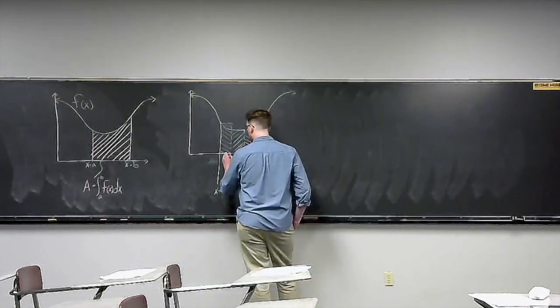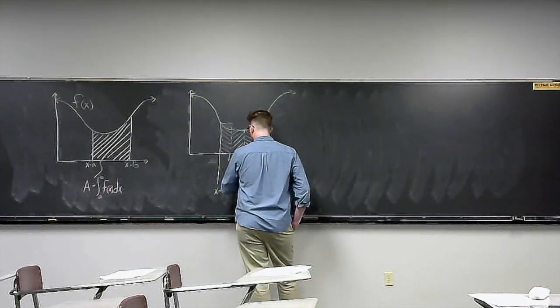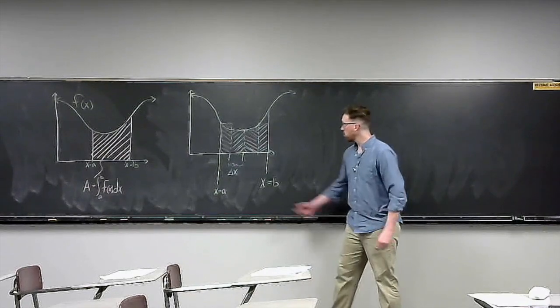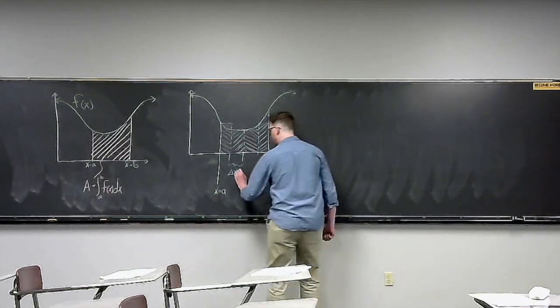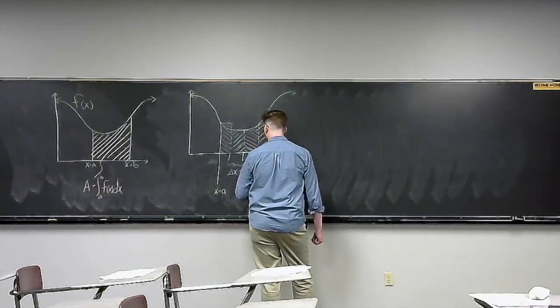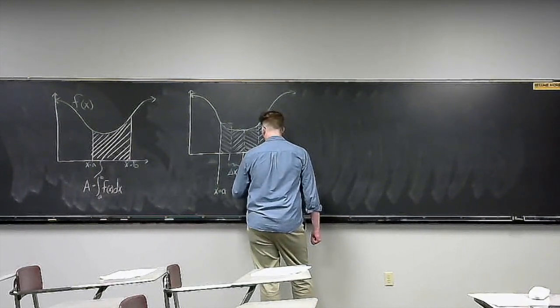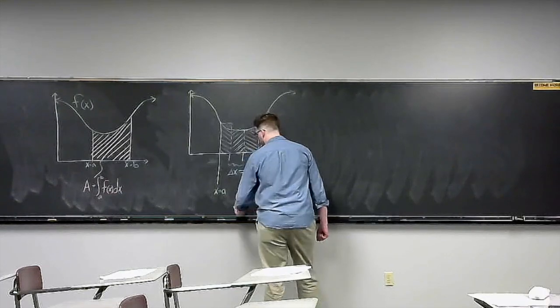That is to say, each of these will have the same width, and that width, in this particular case, is b minus a over 4.